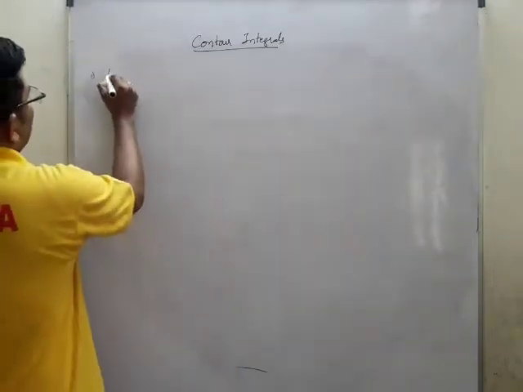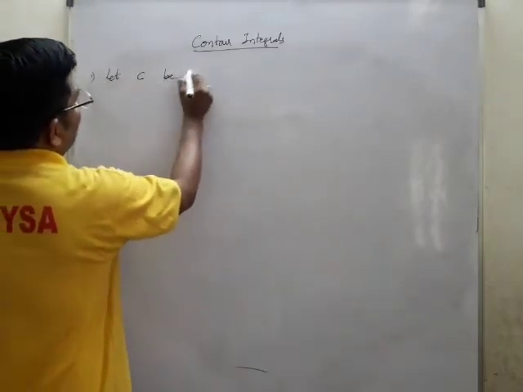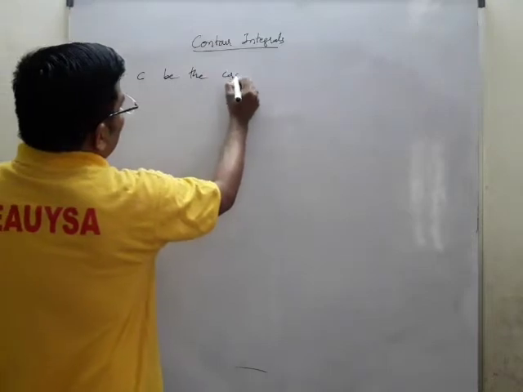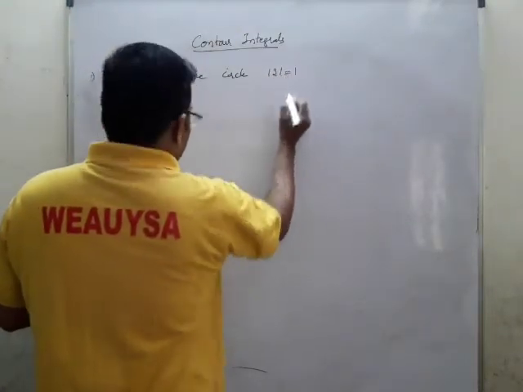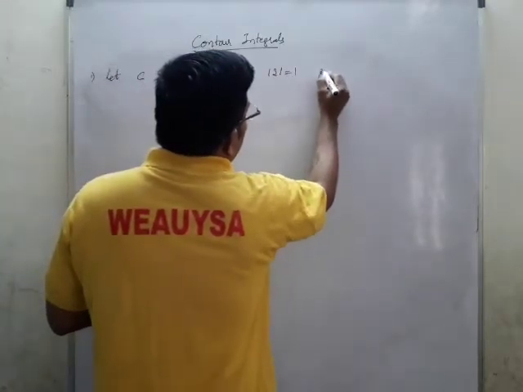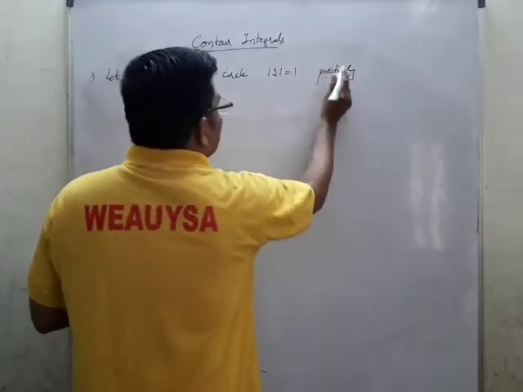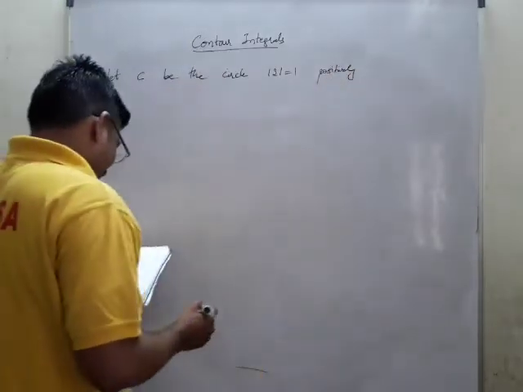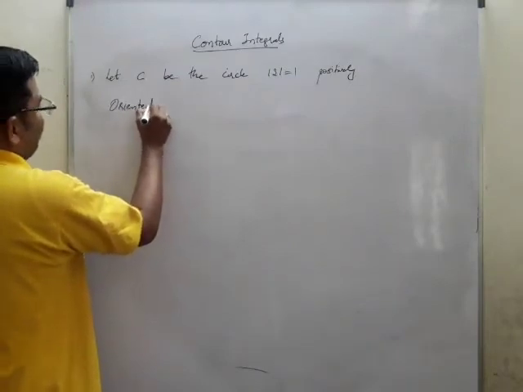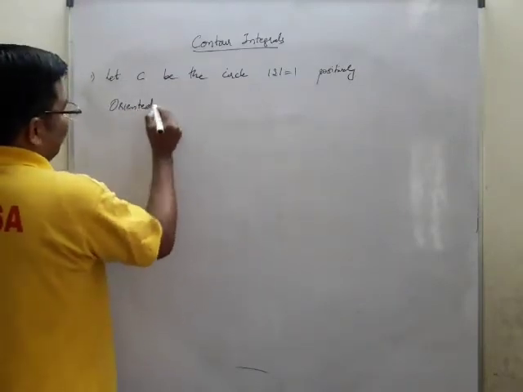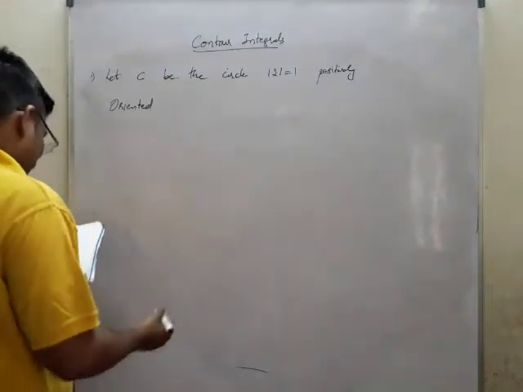The problem is: let C be the circle mod z is equal to 1, positively oriented.